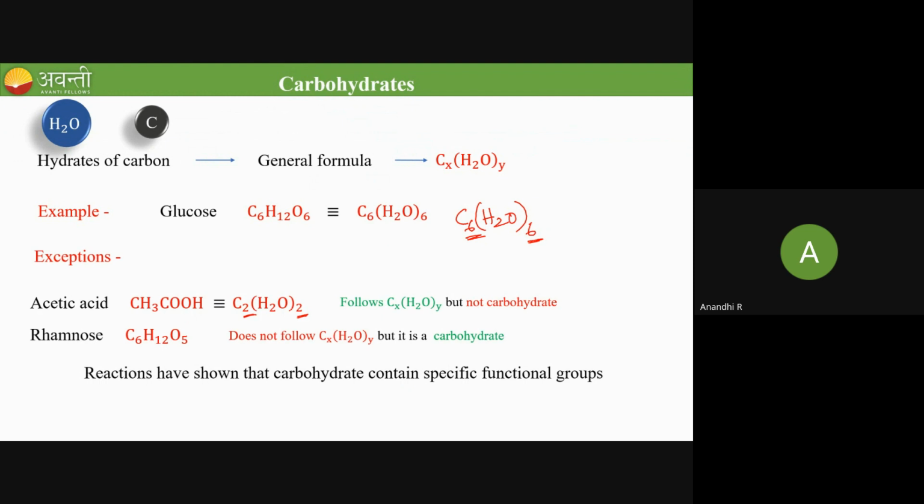Reactions have shown that carbohydrates contain specific functional groups, and these carbohydrates are also called saccharides. Since we have certain exceptions like this, hydrates of carbon is not the correct definition for carbohydrate. There is some other, correct definition for carbohydrate, and we'll go to the next slide for that. Have you noted this?